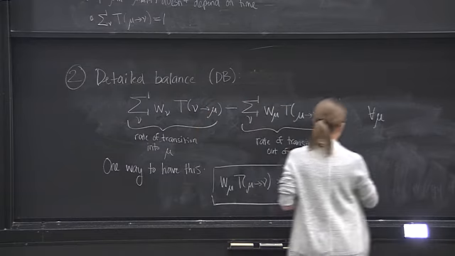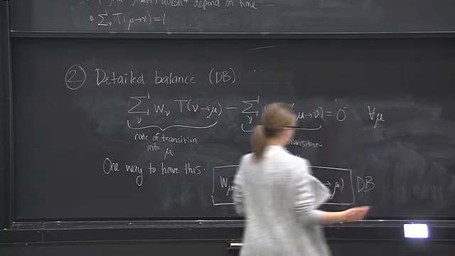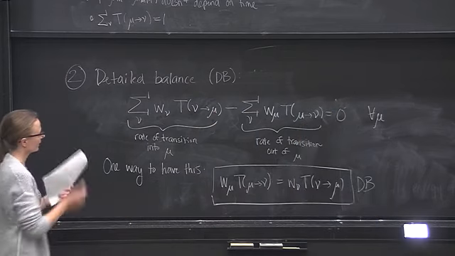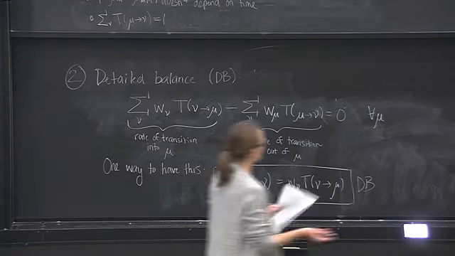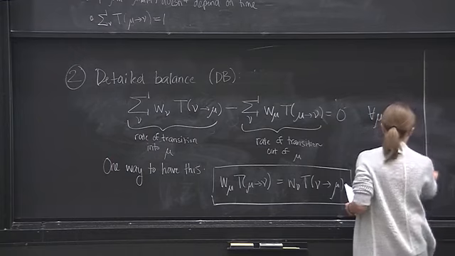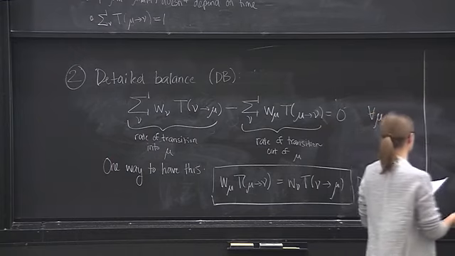So this turns out to be a good way to satisfy this property, and it's called detailed balance. Okay, so in our case, we said we specifically want to sample from the Boltzmann distribution.